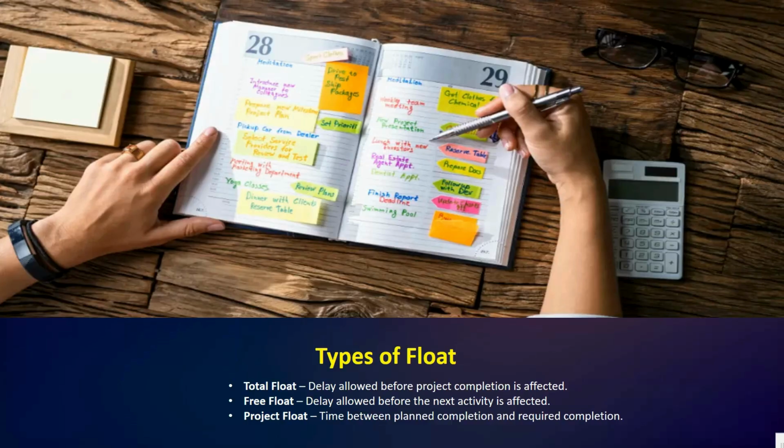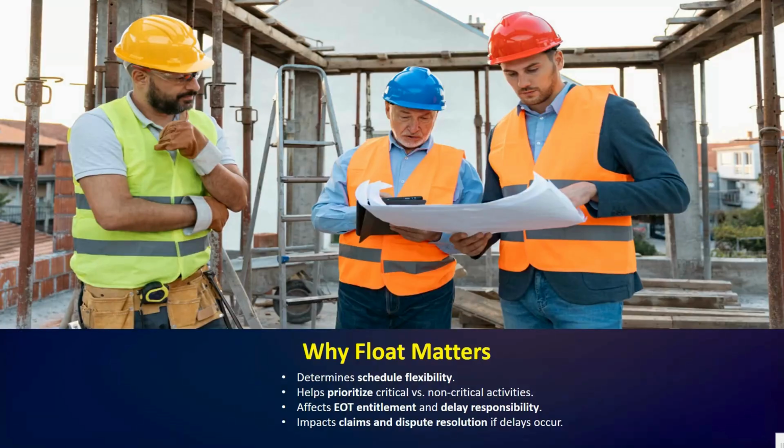Third, we have project float, the time between the planned completion date and the required completion date in the contract. These floats allow a planner to optimize project sequencing and manage non-critical activities effectively. Okay, so I hope this is clear.